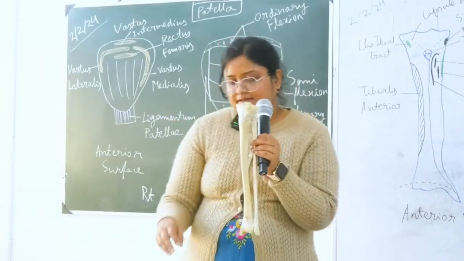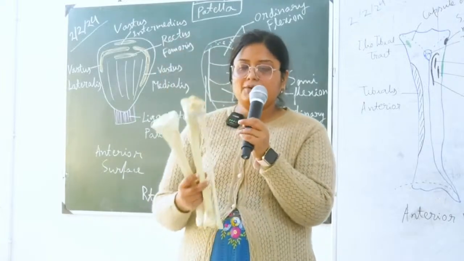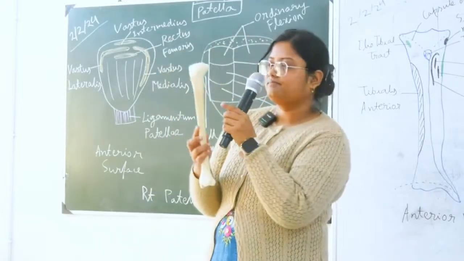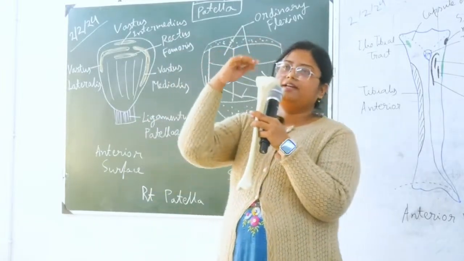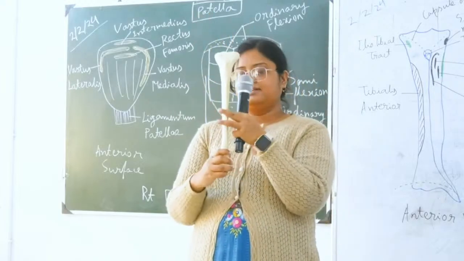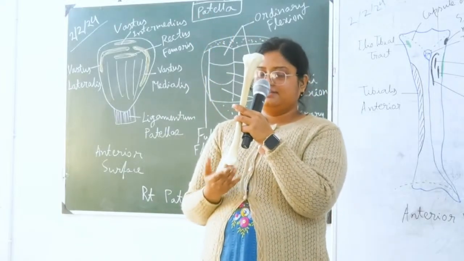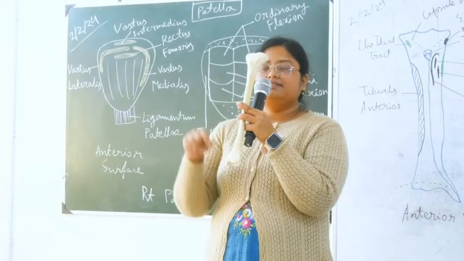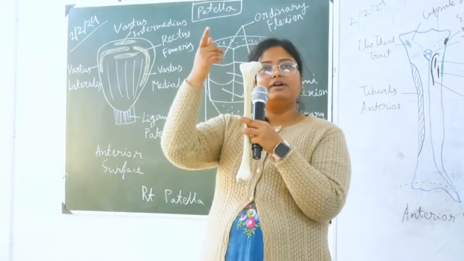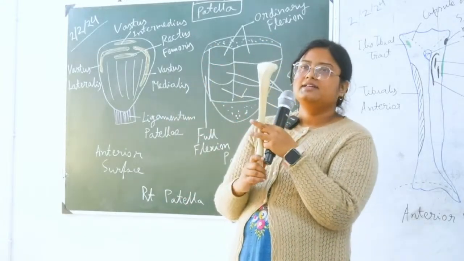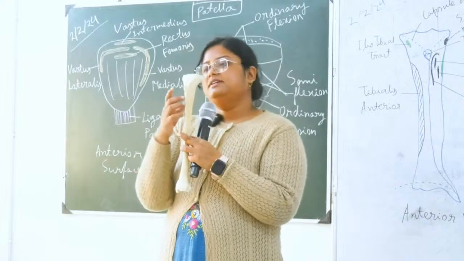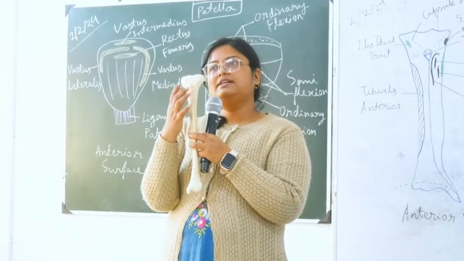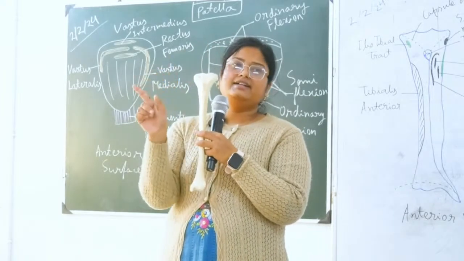Okay. Now, how will you hold it in anatomical position? These condyles will be directed above. This malleolus and this depressed area will be directed downward. So, above and below is done. Now, anterior and posterior: this tibial tuberosity is directed anteriorly.